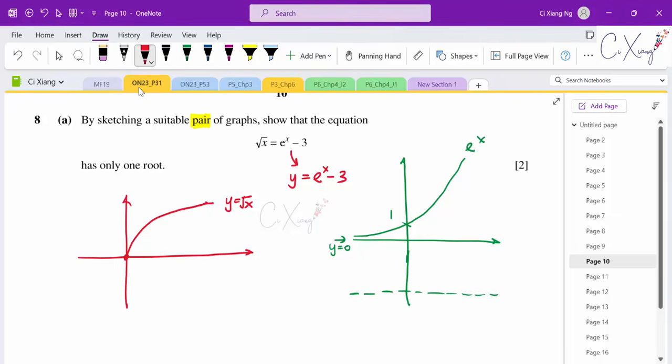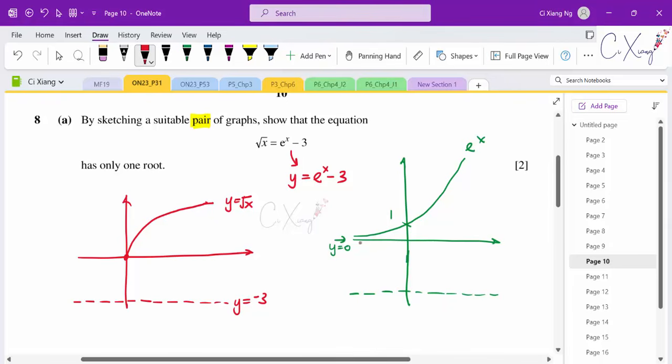So now you're having an asymptote at the line y equals to negative 3. After that, you are going to sketch the diagram here, from negative 3 going up and passing through the y-intercept. If you move down the 1 by 3 units, basically you are having negative 2. So now your y-intercept will become negative 2.